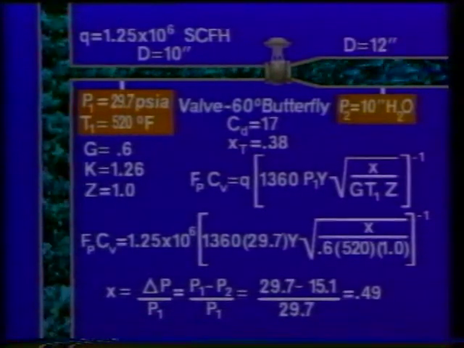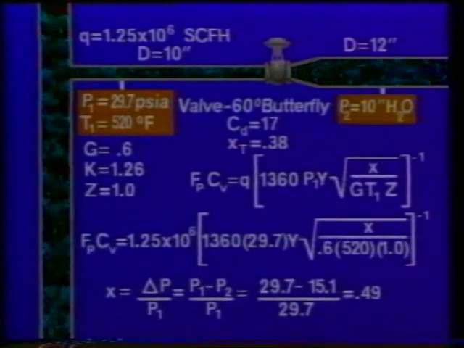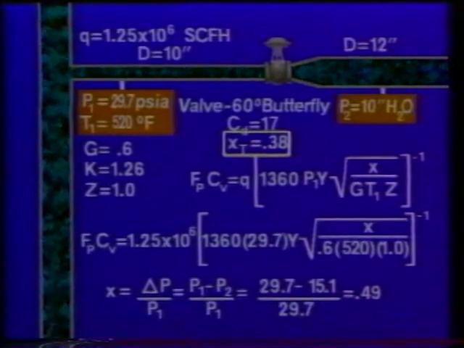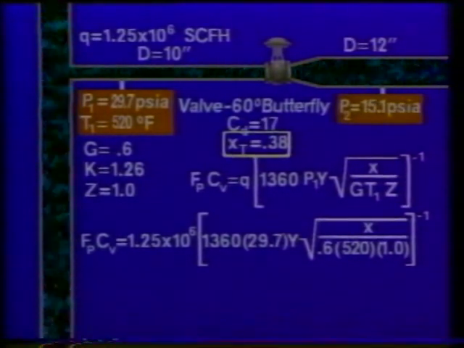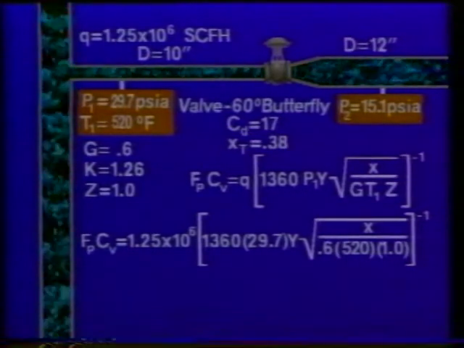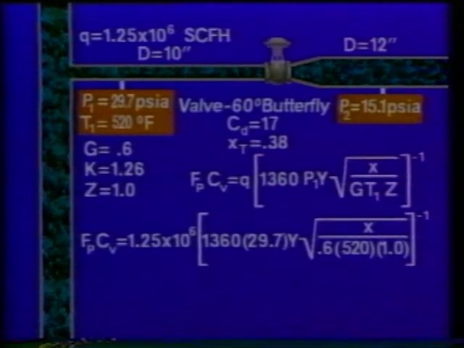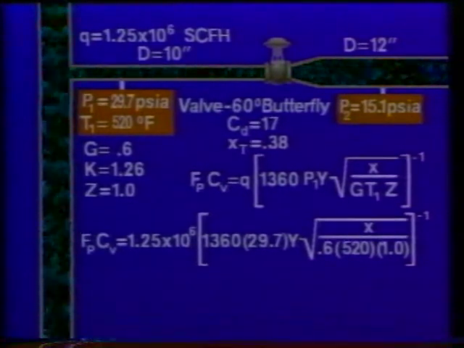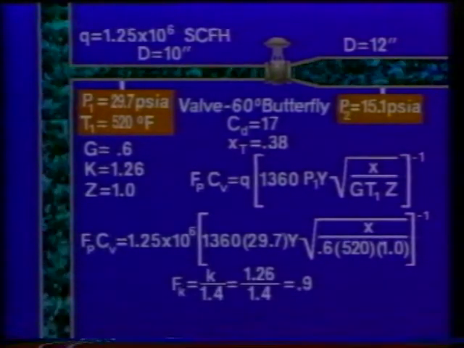It's necessary to recall that the value of X is limited by the value of X sub T, in this case 0.38. So this is the value used. You may also recall that the value of X sub T was determined experimentally. When fluids other than air are used, X sub T must be modified by F sub K, the ratio of specific heats factor.